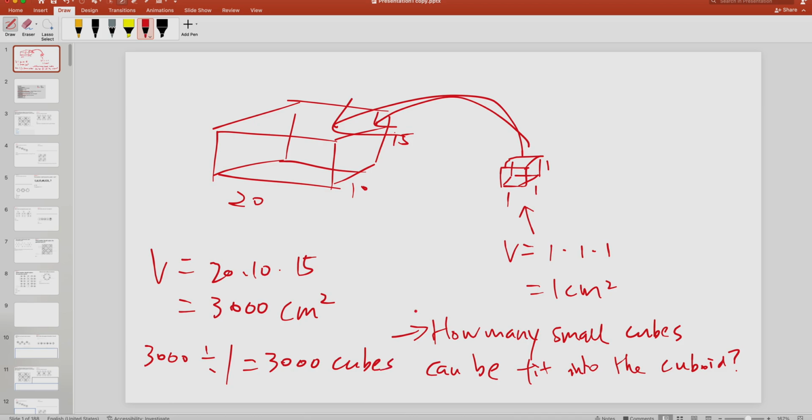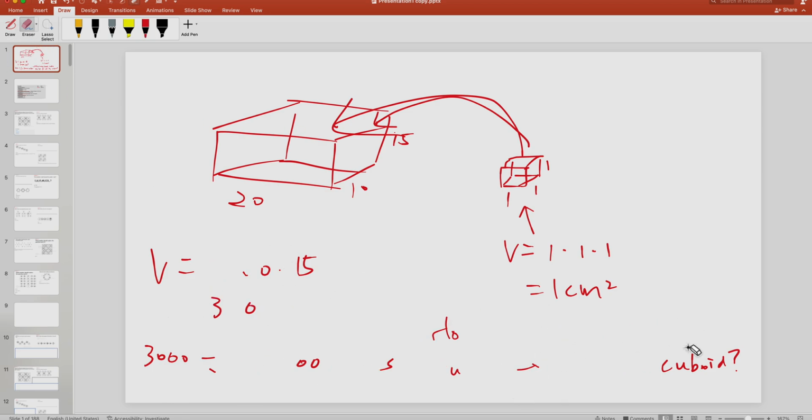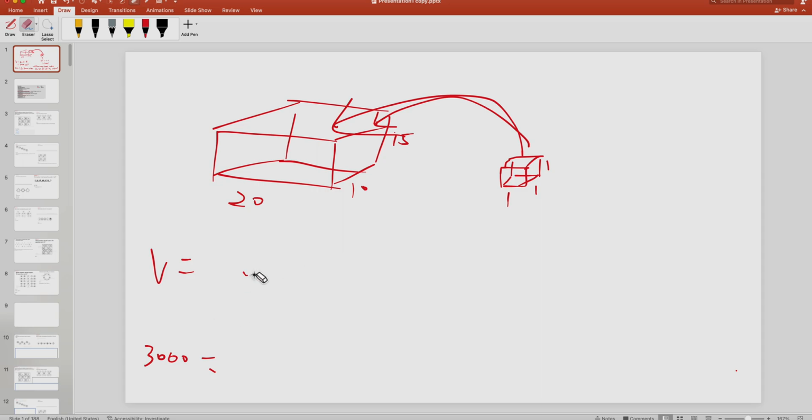Okay? And now the question is, you don't have the cuboid, you don't have the cube. What do you have? You have this shape, right?